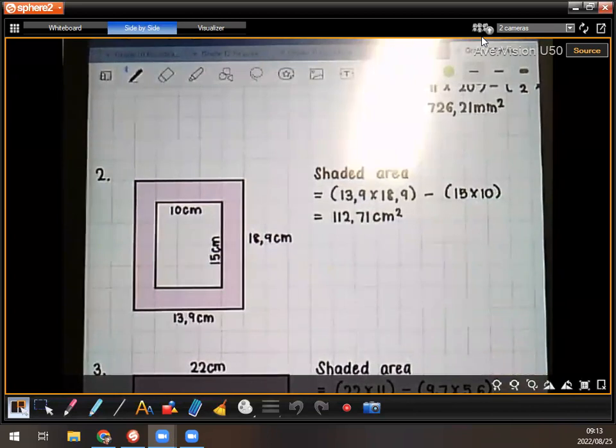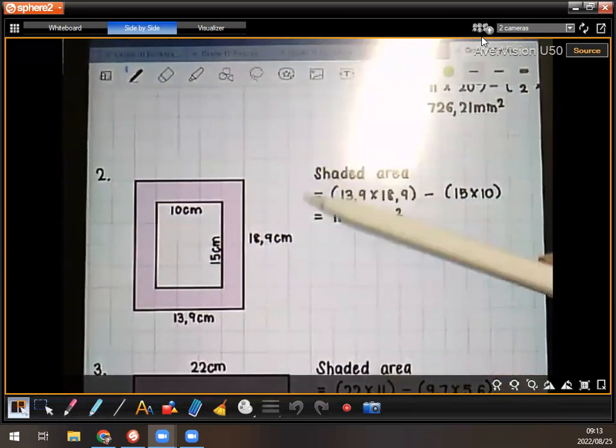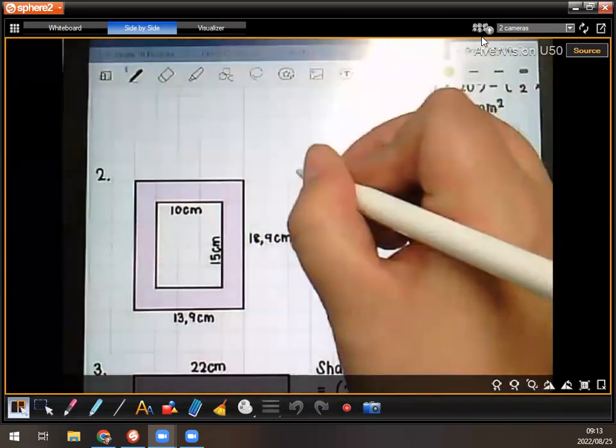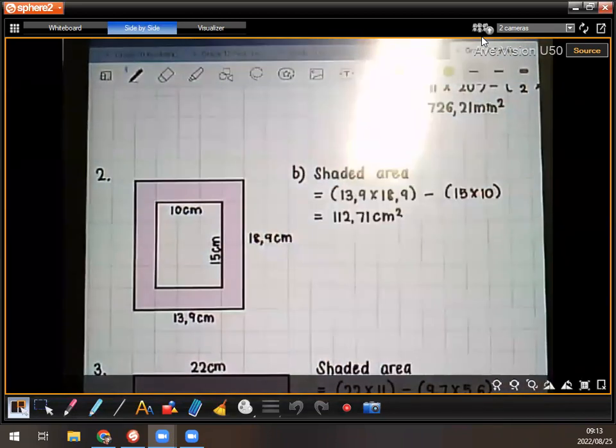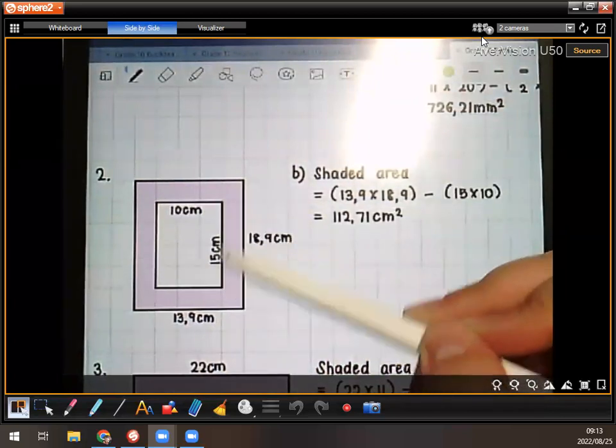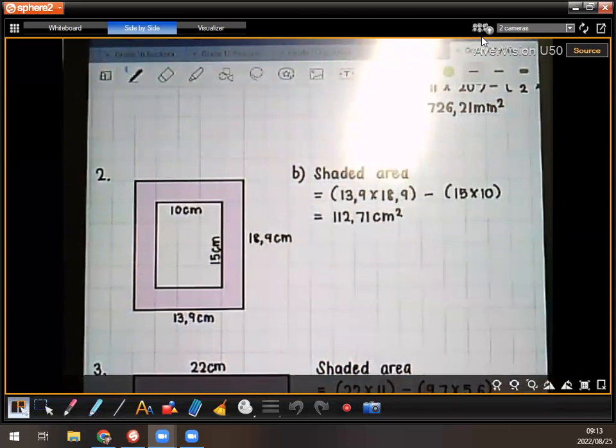So for this is the answer to B. All right, they wanted the answer in centimeters squared for B, and then for A they wanted millimeters squared, which I'll do now. All right, so the shaded area is the outer rectangle, 13.9 times 18.9, minus the inner rectangle, right, which is 15 times 10.